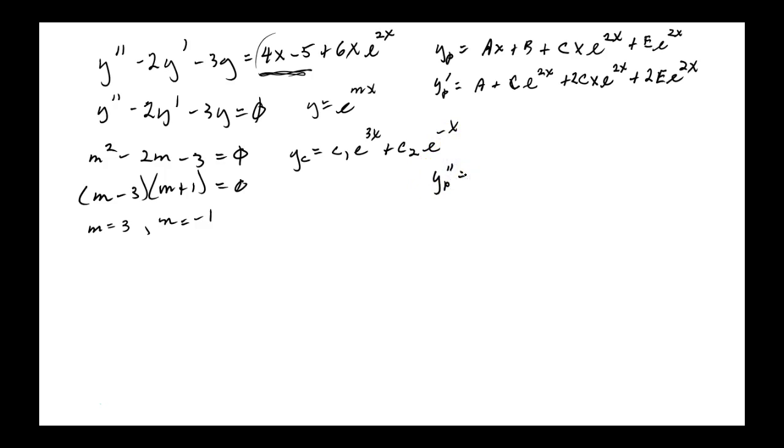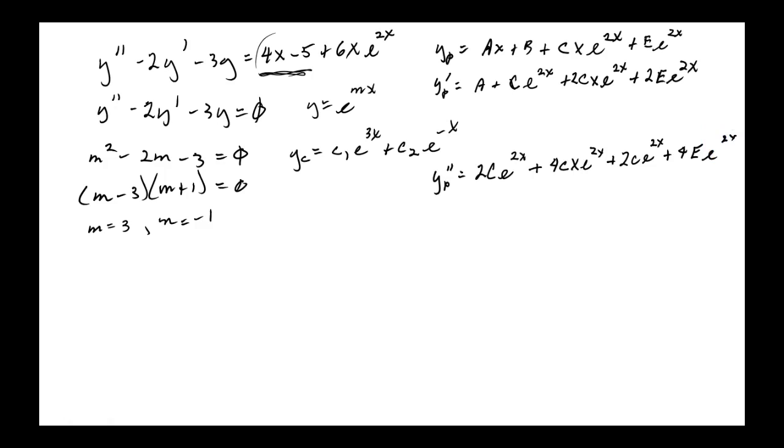What would that equal? 2c e 2x, plus 4c x e 2x, plus 2c e 2x, plus 4 e 2x. Are you stuck? Okay, all right, good deal.